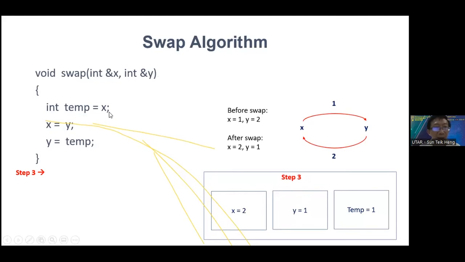So we take the value from variable x and put it into the variable temp, then take the value out from variable y and assign it to variable x. And in the third step, we take the value out from variable temp and assign it to variable y. So we completed our task of swapping the two variables.